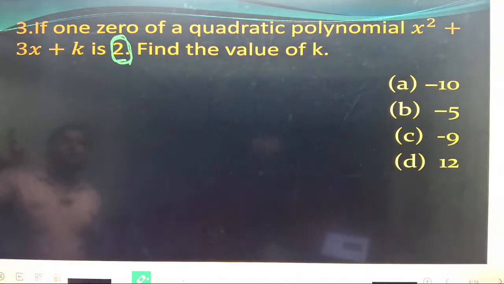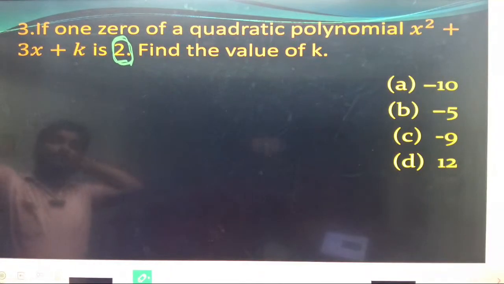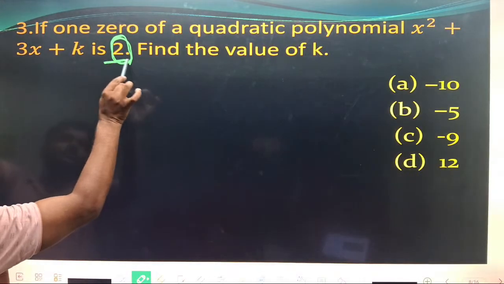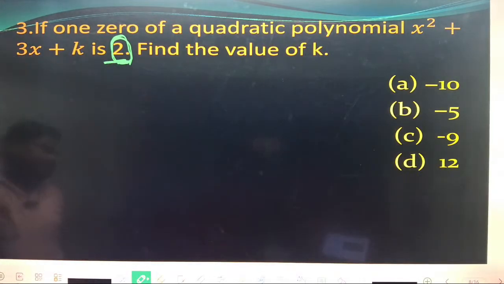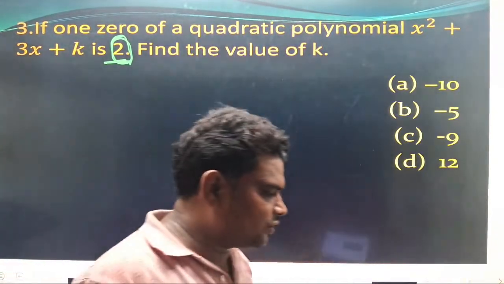If one zero of a quadratic polynomial is given, then at that value the value of the polynomial always becomes 0.